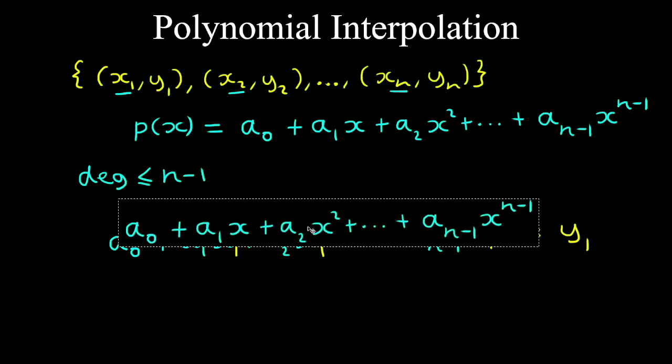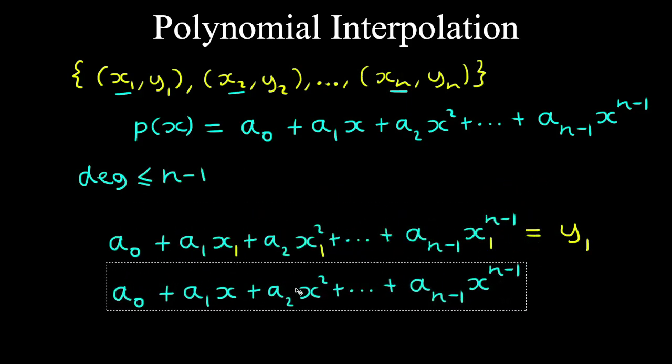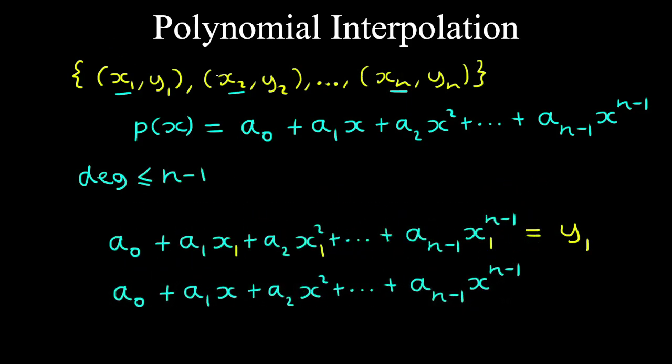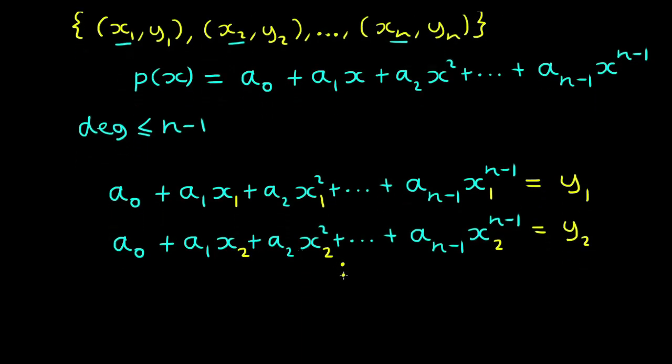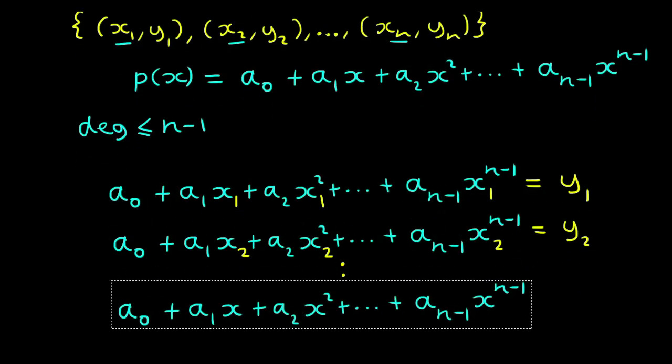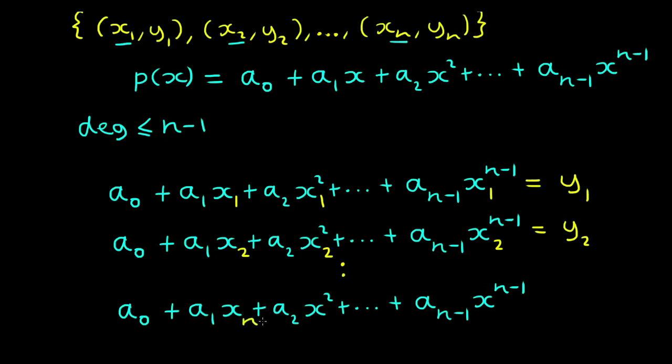And similarly, the second equation that must be satisfied involves the coordinates x2, y2. And this continues on and on up to the nth coordinates. So we have a system of linear equations to solve for these coefficients.